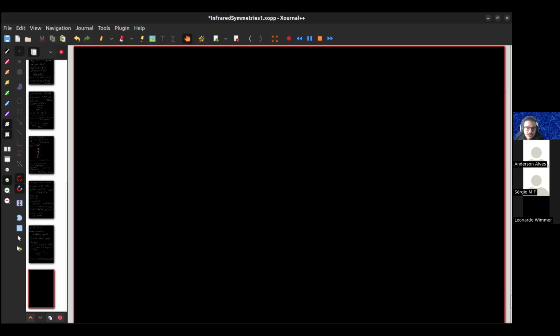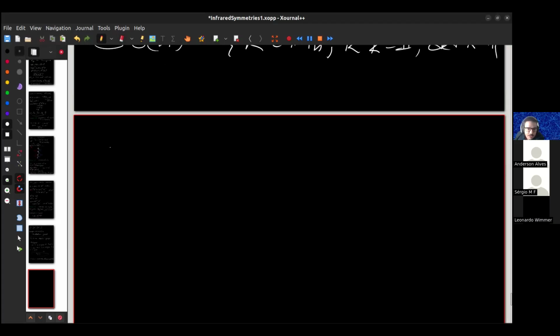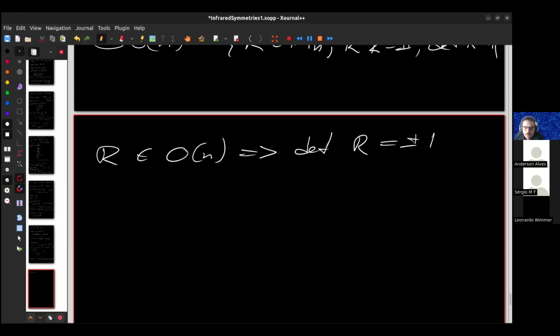Something important that you can show at home, if you will, is that if R is a matrix in O(n), then it follows that the determinant of R equals ±1. I'm just going to show this. It is very quick. The determinant of RᵀR needs to be 1.